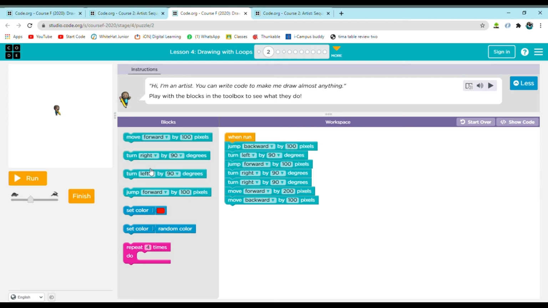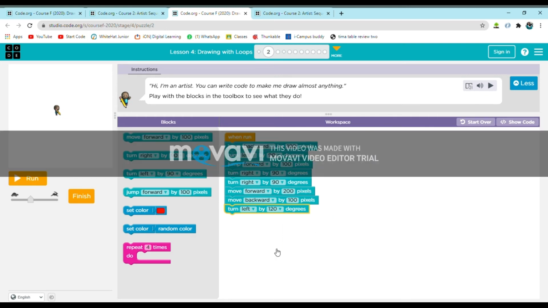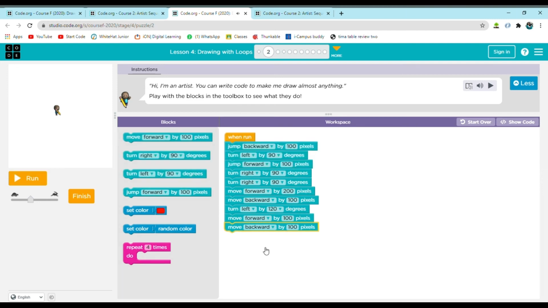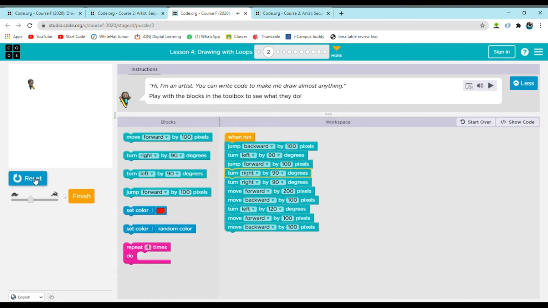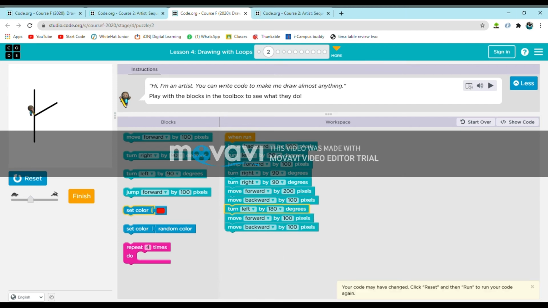After that, turn left by 90, turn left by 120 degrees and then move forward by 100 pixels. Again, move backward for 100 pixels. I can draw it 180.